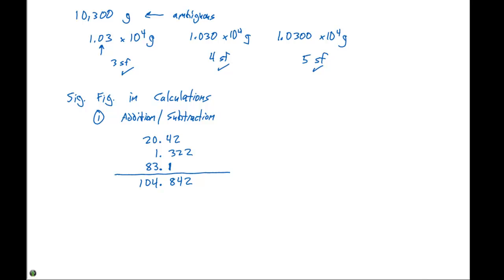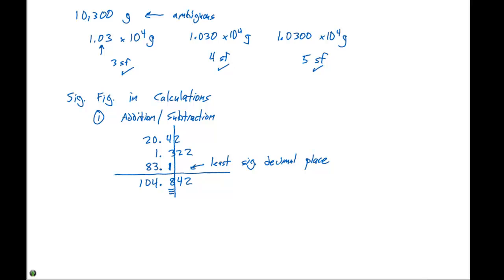So as a general rule of thumb, I find it easiest to draw a line down like this, because this value right here has the least significant decimal place. So that means the tenths place has to be the significant figure that we're going to report.